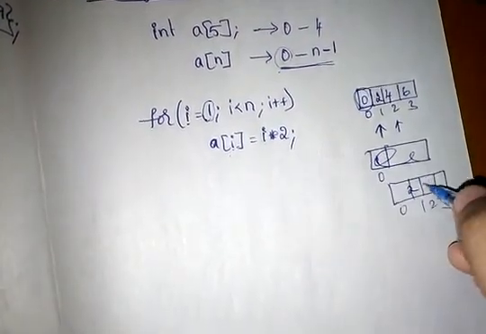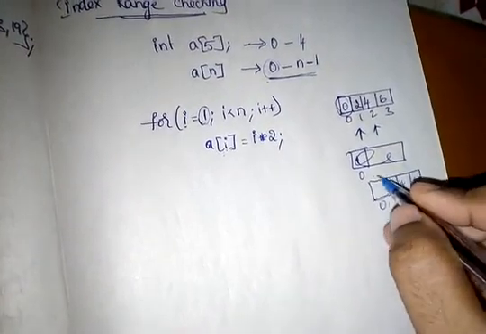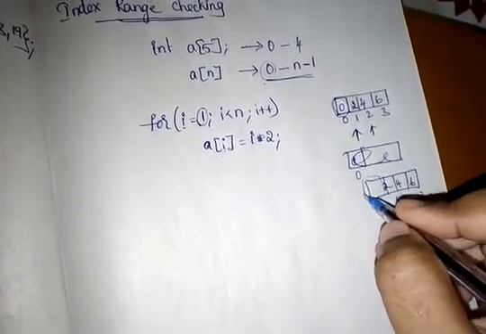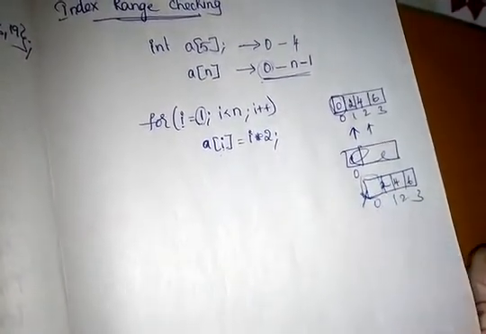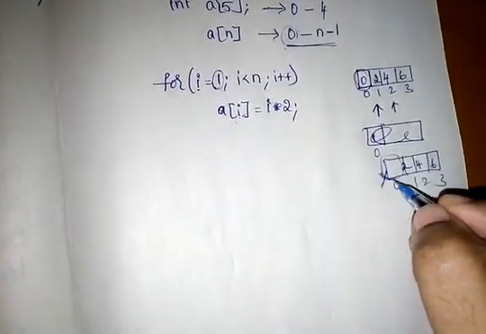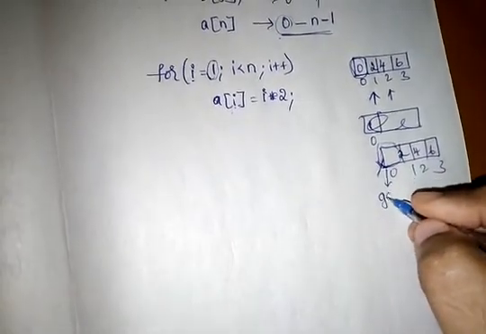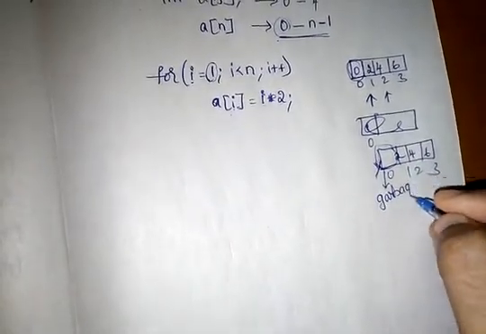A of 2 will be calculated, a of 3 will be calculated. But the element at index 0 will not be assigned any value. So when you try to print this, the element at index 0 will result in some garbage value.